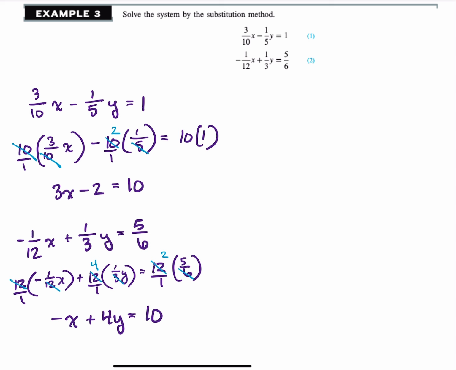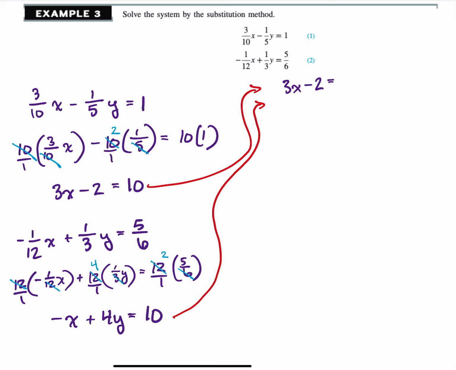So these are our two equations. So let's bring these together and look at it like a system. We've really just changed the way these two look. This should be a little bit easier to solve. So we got 3x minus 2y equals 10, and negative x plus 4y equals 10.